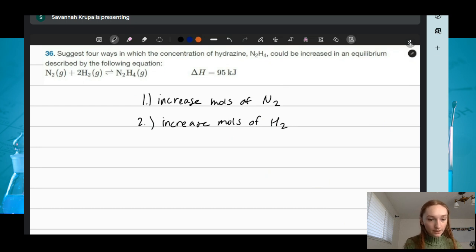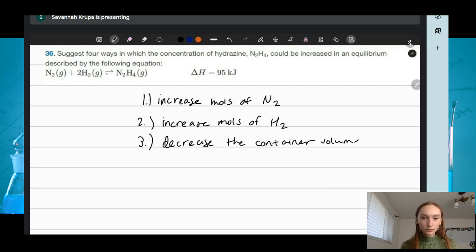The other way this concentration can be increased is to decrease the container volume. When you decrease the container volume, it proportionately also increases the production because it's in a smaller container.